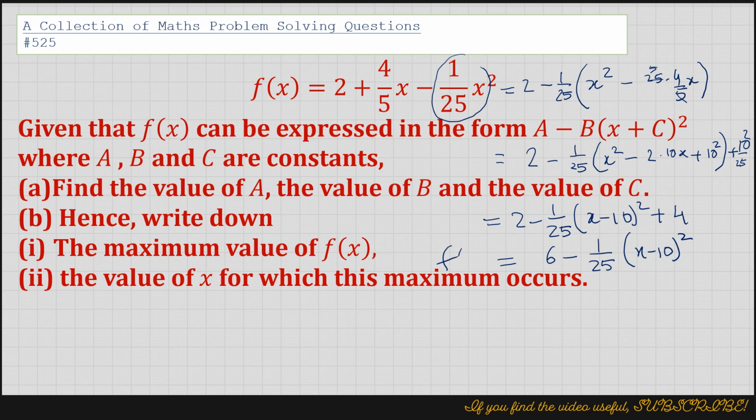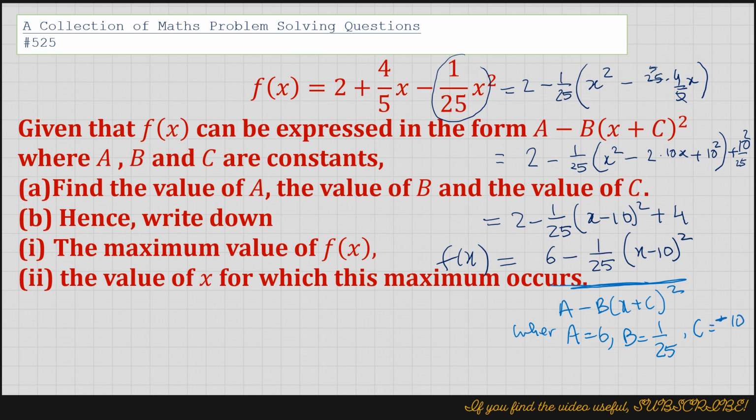So that is f(x), and as you can see, this is of the format a minus b times (x plus c) whole squared, where a equals 6 and b equals 1/25 and c equals minus 10.